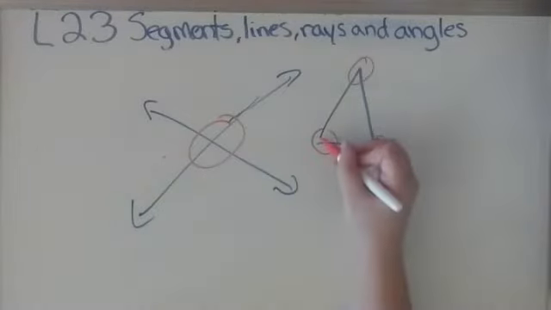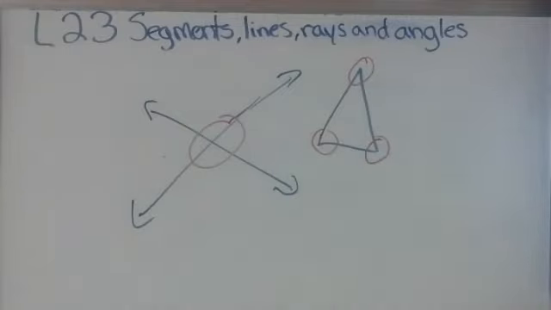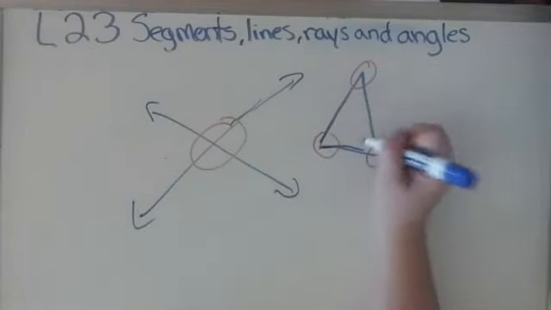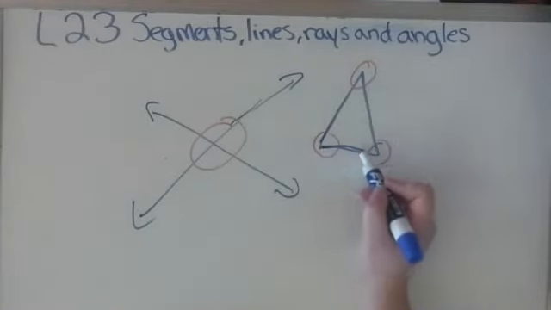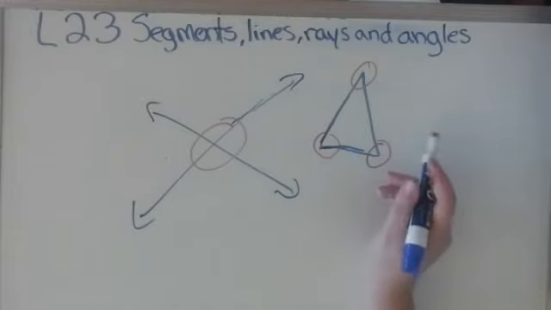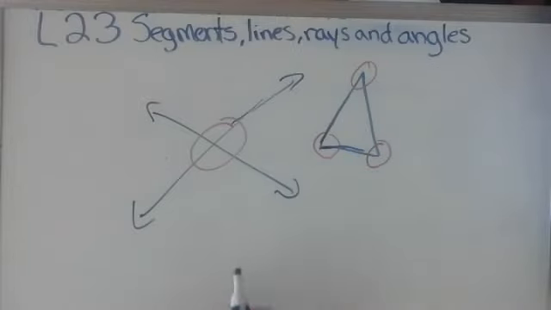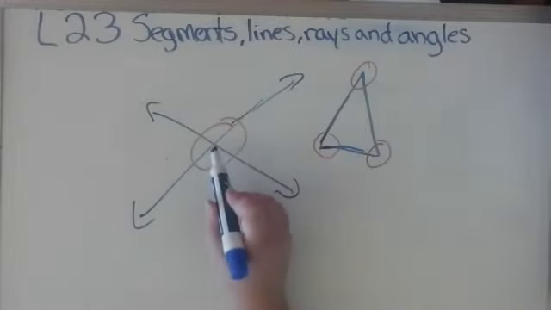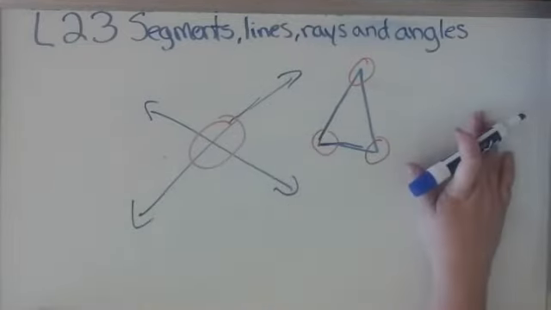Every vertex that I have, or corner, is an intersecting point of two lines. There's this line and there's this line, and they intersect here, just like this line and this line intersect here. Intersecting is when two or more lines, line segments, or rays meet.